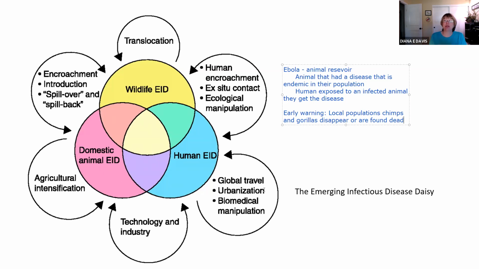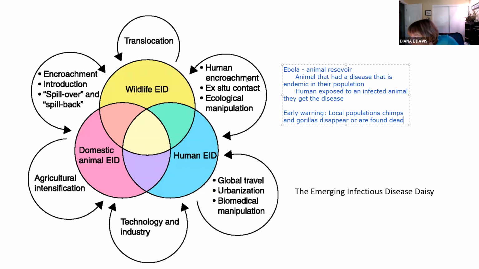We're being exposed to more people. Anytime you have high concentrations of one species in a given area, there's an increased risk of an emerging infectious disease.